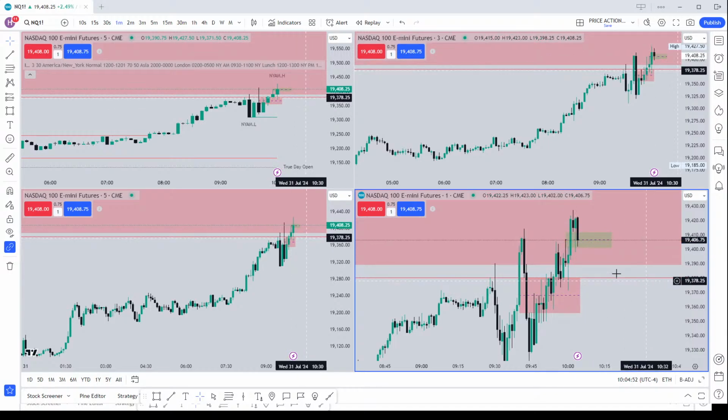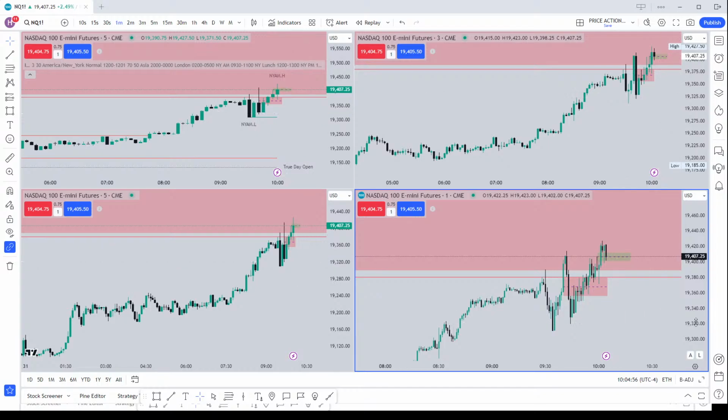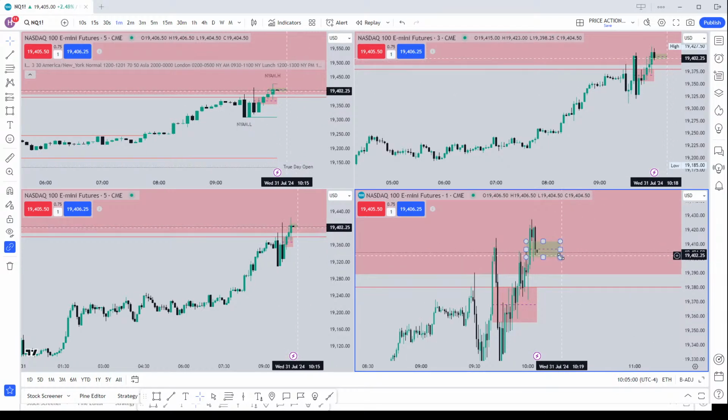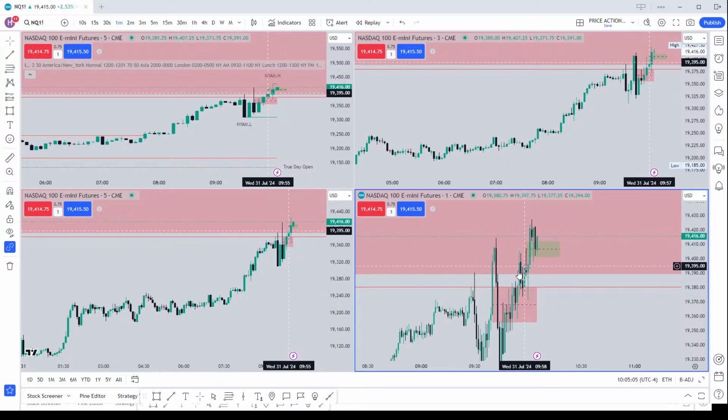We are trading inside a daily imbalance. I want to see this respect this gap and then move higher for these highs.